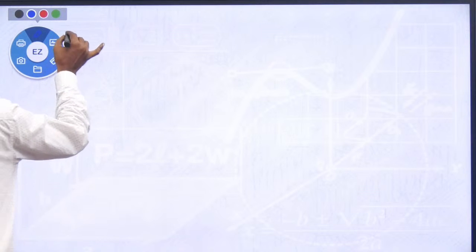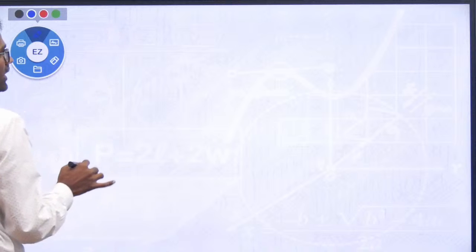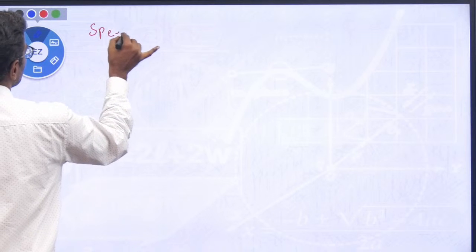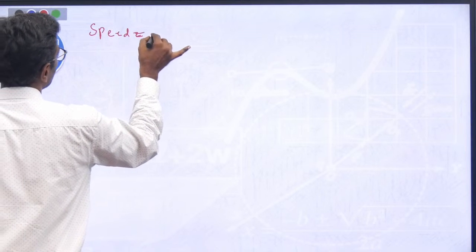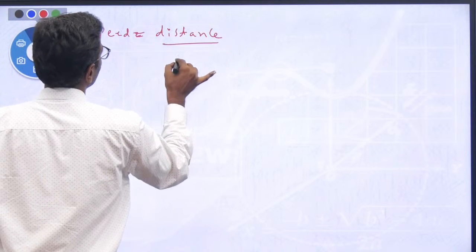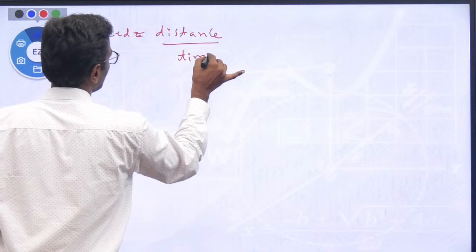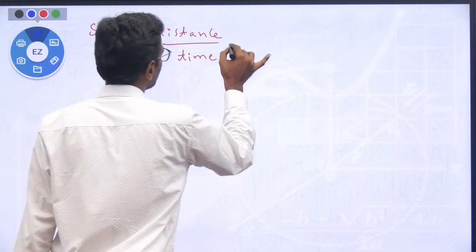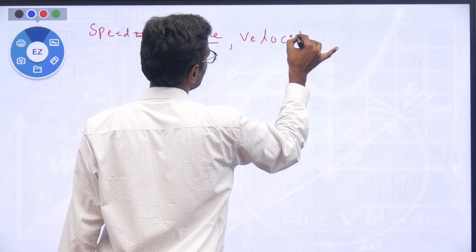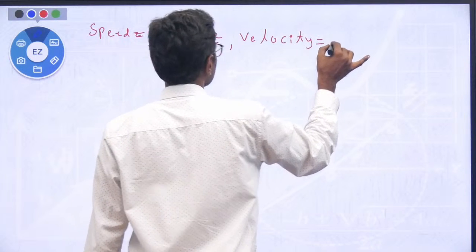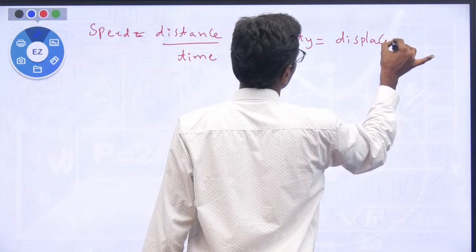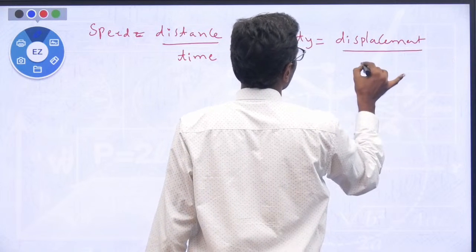Let me explain. We were discussing average speed and average velocity. Average speed equals distance upon time taken, whereas velocity equals displacement upon time taken.